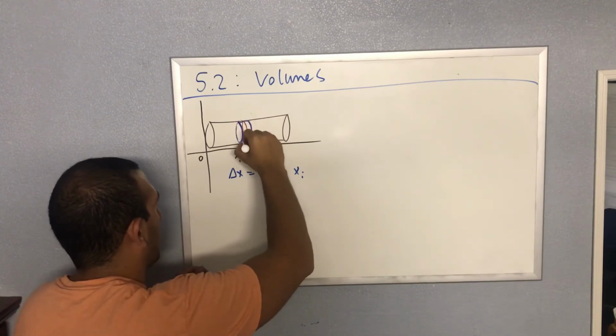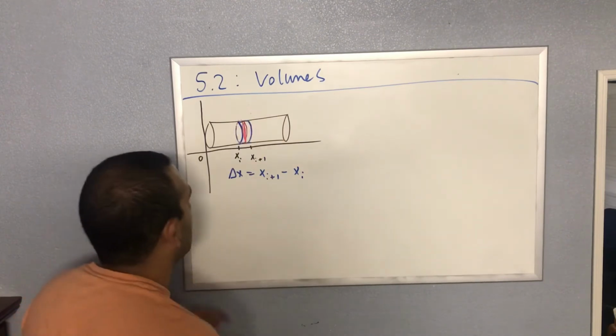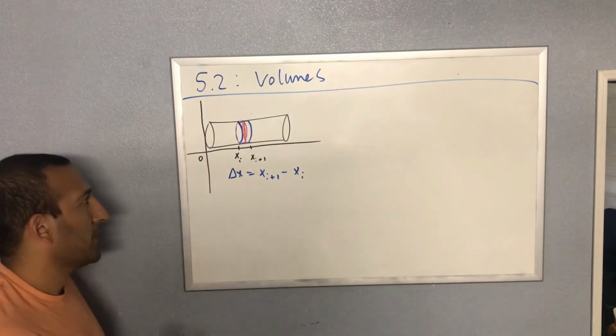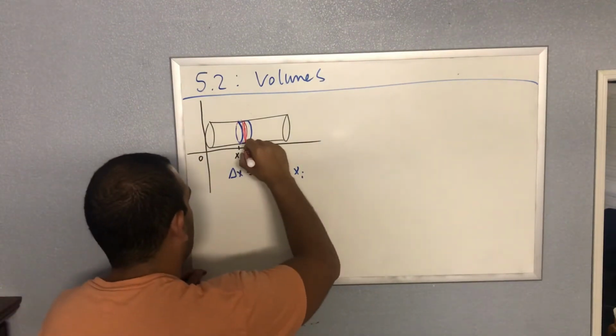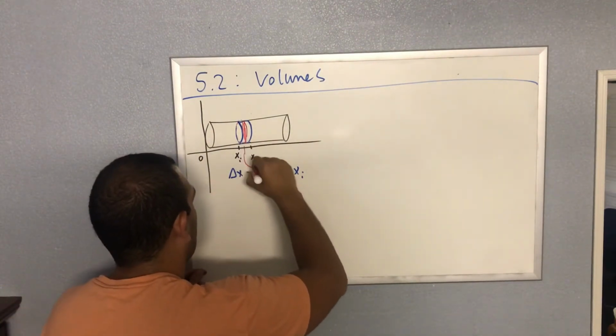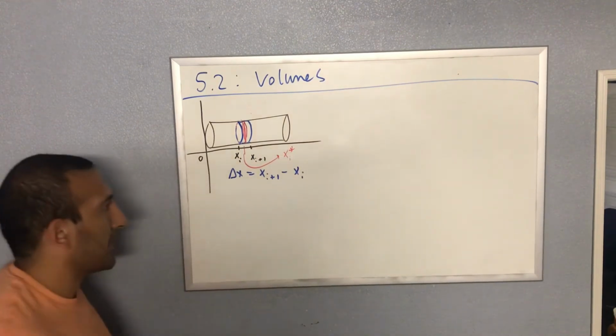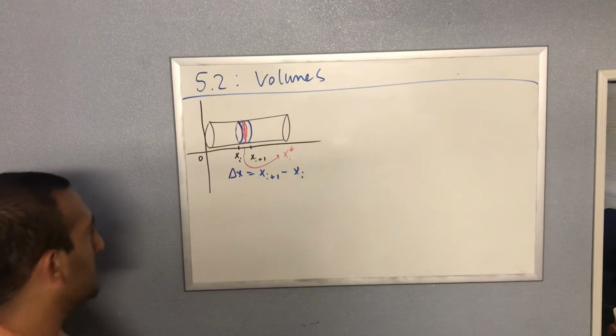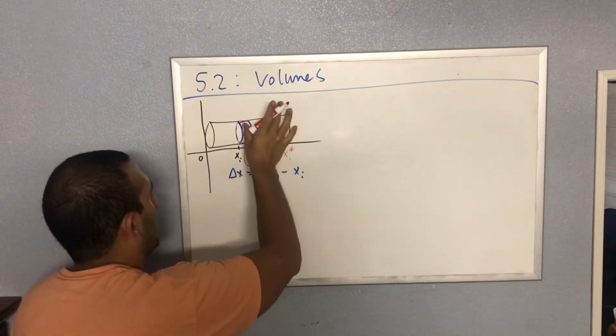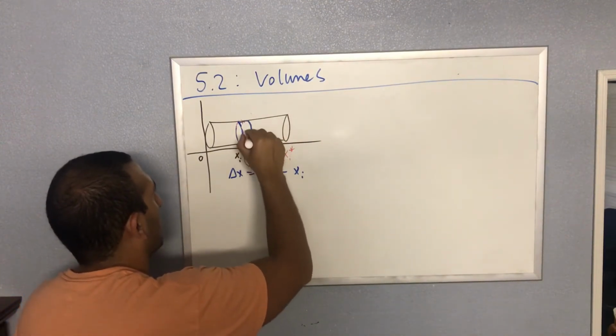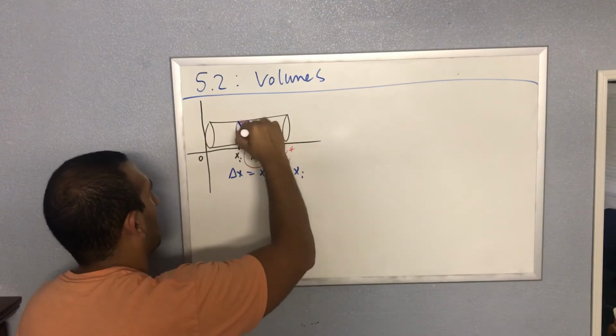The area formed by this piece. It's all the same. It's still a circular area. But we're going to pick this point out in particular and say it's x sub i star. Again, it's a sample point. So you pick out the little circular area at that point here.